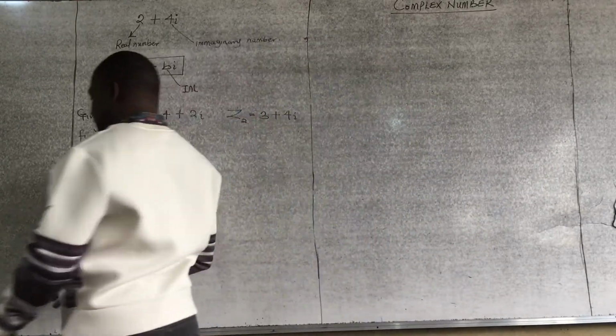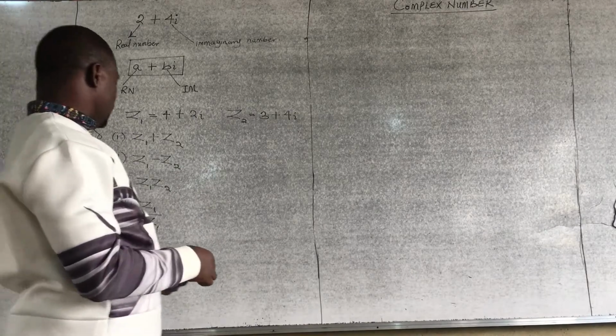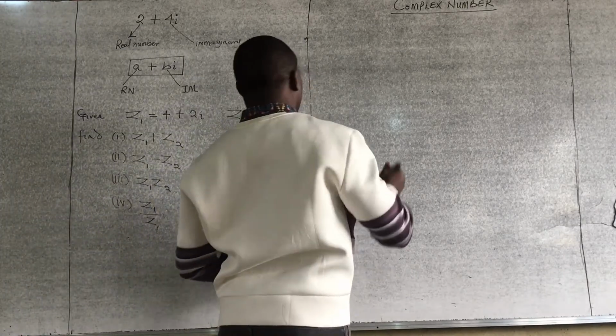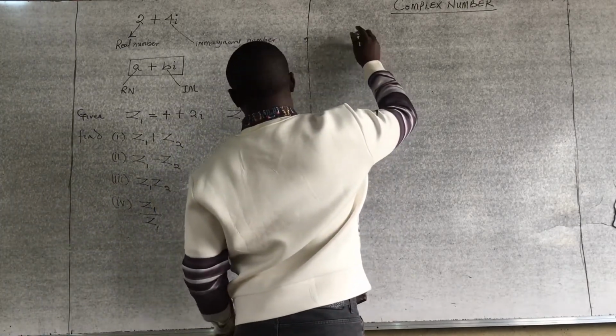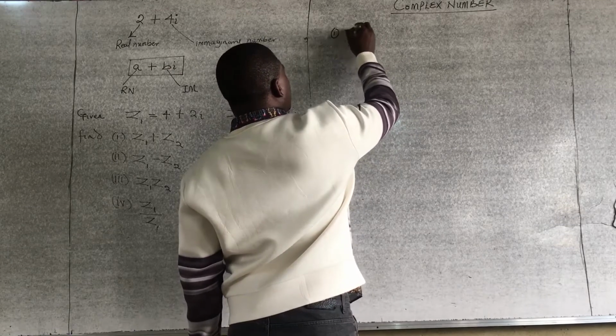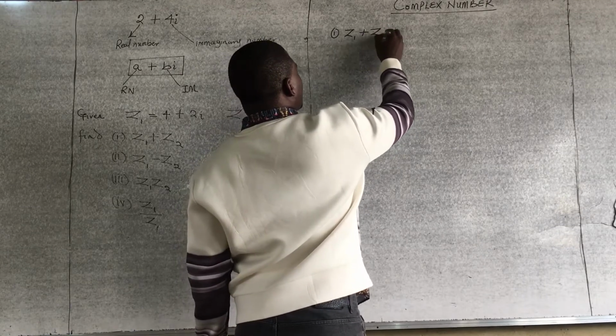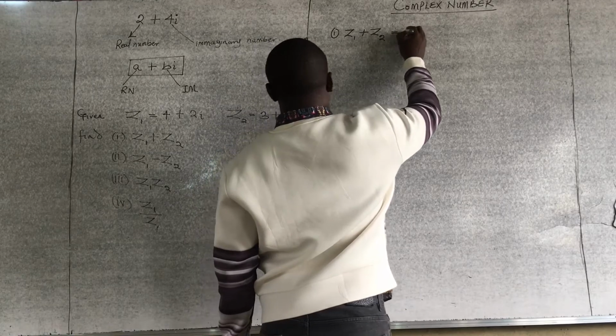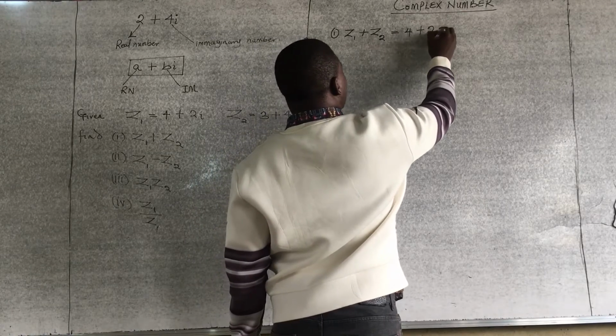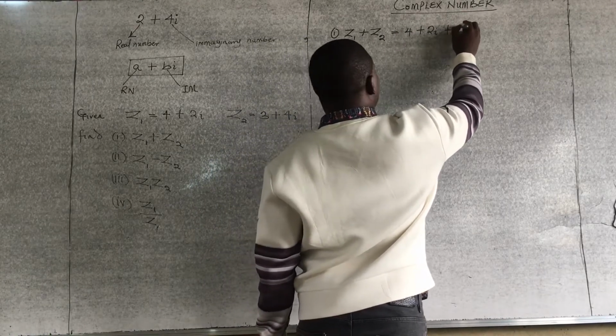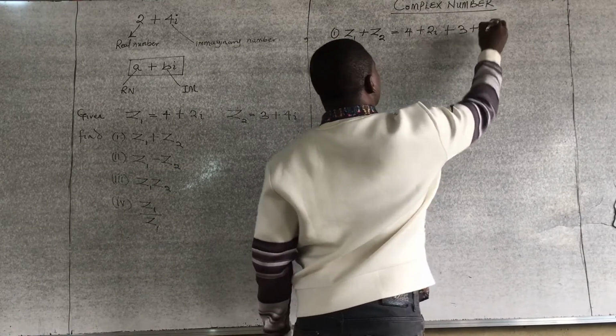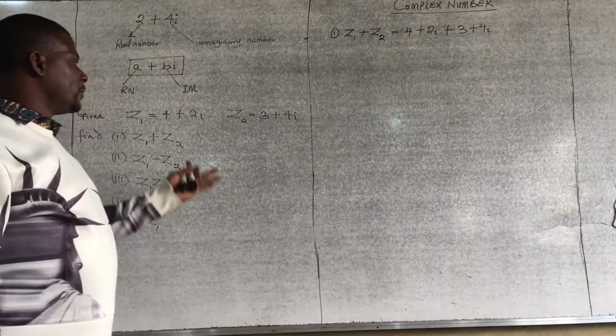So if we want to add, number 1, Z1 plus Z2 is 4 plus 2i plus 3 plus 4i. That is what I'm given.